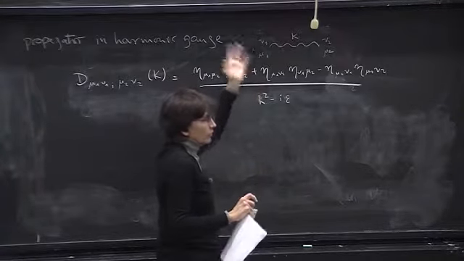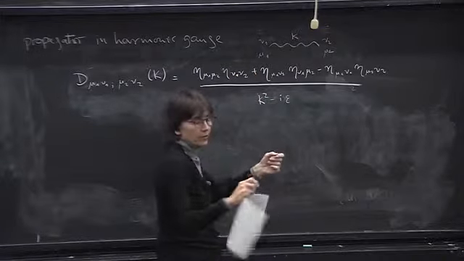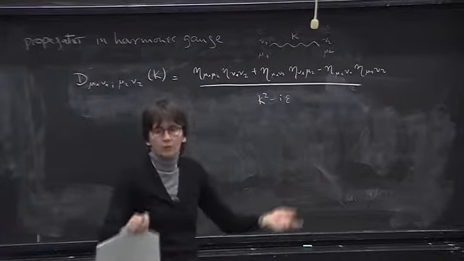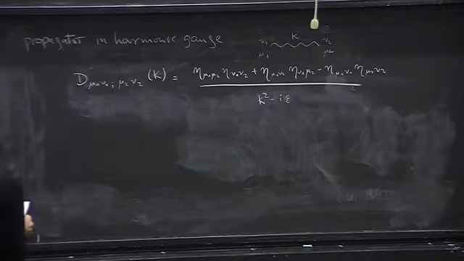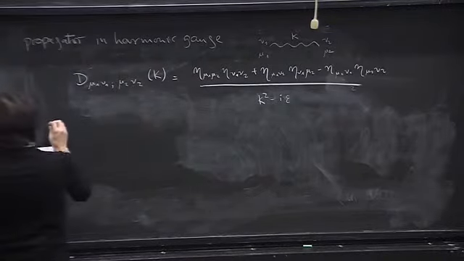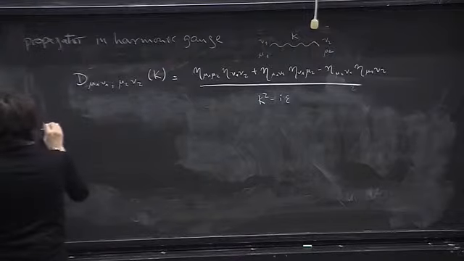And since this is just not a linear theory, you find self-interactions at any order. Right? So to start with, the simplest one is a 3 graviton vertex.